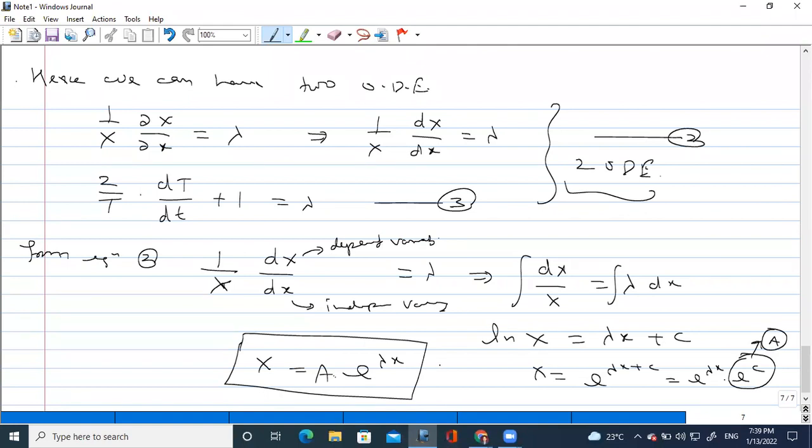Note down this. Done. Okay. Now we have to solve equation number 3.